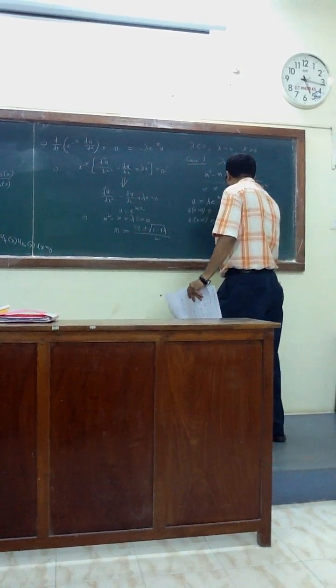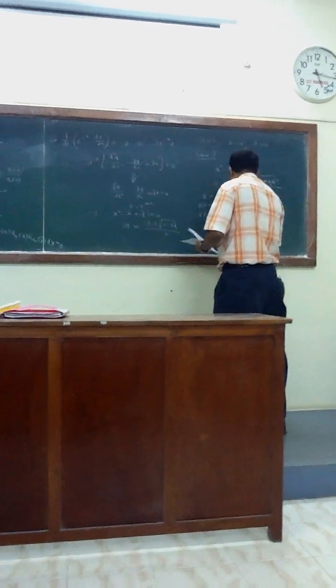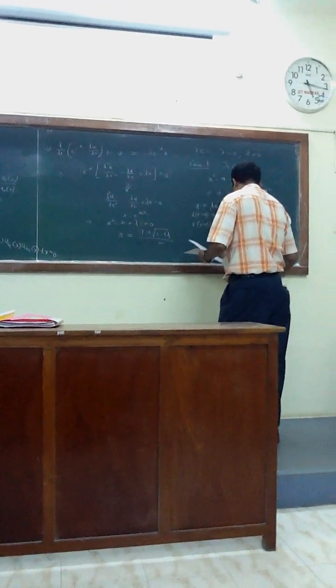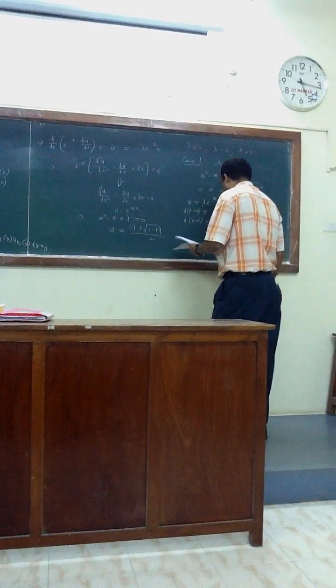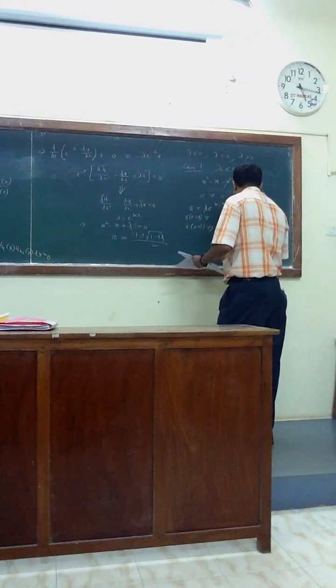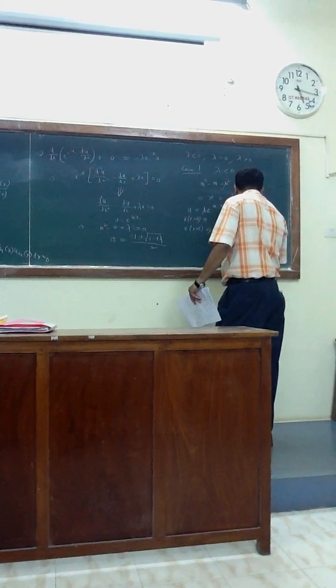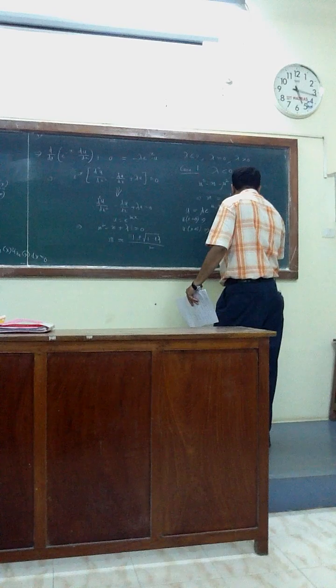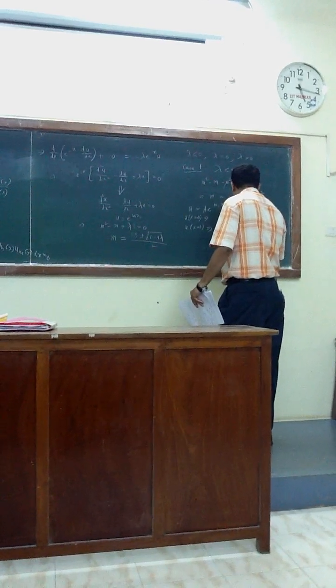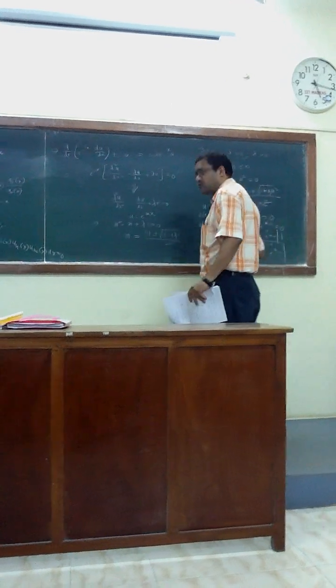How to get a and b? By Cramer's rule. So you can use Cramer's rule to find a and b. What is a then? The determinant is e to the power m1, e to the power m2, and here a will be replaced by 0, 0, 1, e to the power m2. Am I correct, Cramer's rule wise?